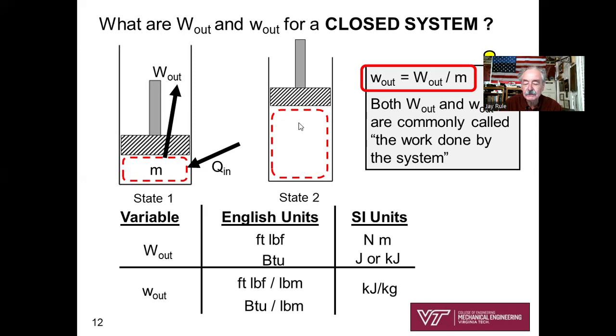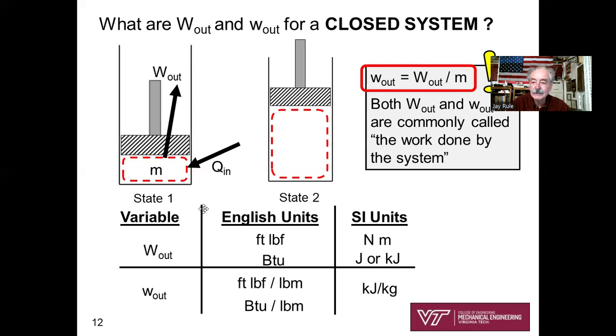This is a pretty good sketch to describe a typical closed system quasi-equilibrium process. Both W out and little w out are commonly called the work done by the system. So what's the relationship between these variables? Little w out is capital W out divided by M, the mass of the closed system.